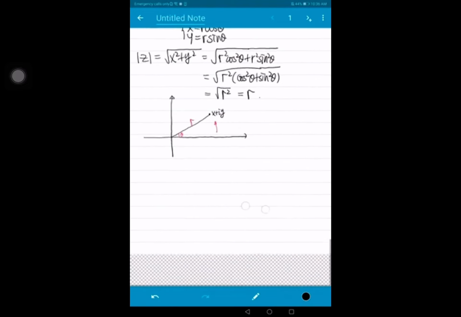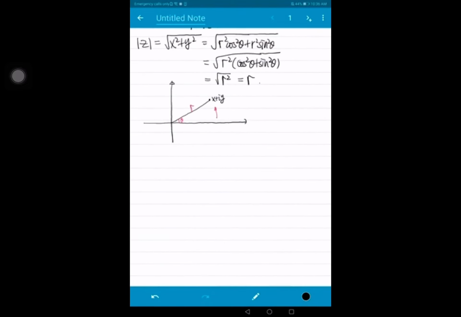So polar coordinates are very useful in many ways. So I will point out one useful thing. That is to say, when we multiply two complex numbers, if you write two complex numbers in the polar form, z1 equals r1 e^(i theta 1) and z2 equals r2 e^(i theta 2) for some r and theta, right?